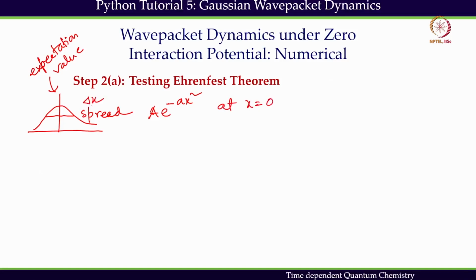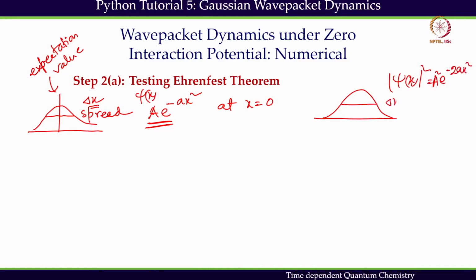Although delta x is not defined with respect to the wave function, remember, it is defined with respect to the probability density distribution. So if this is the wave function, then the probability density distribution looks like e to the power minus 2a x square. In this distribution function we define delta x.